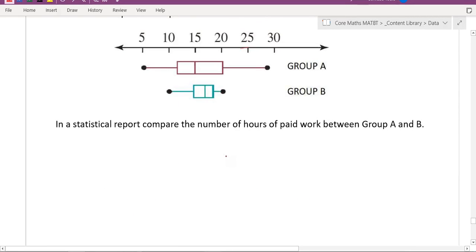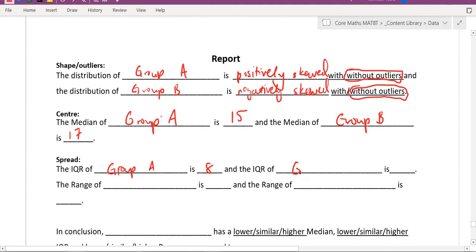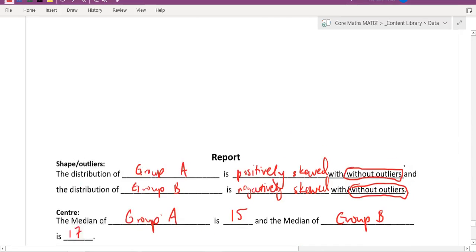Okay, and the IQR of group B, I think that might be 18. And this would be 15. So 15 minus 18 is 3. So the IQR of group B is 3.